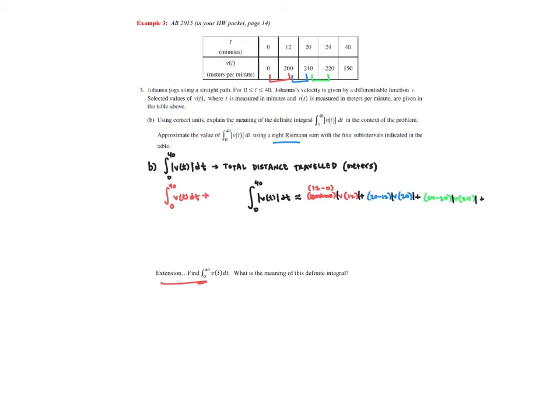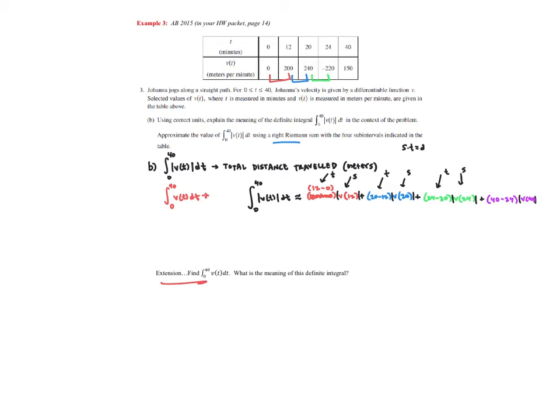And then plus 40 minus 24 times the absolute value of the velocity at 40. Really, these are time times speed, which gives us distance. Remember, speed times time equals distance, and we do that for each of the intervals.